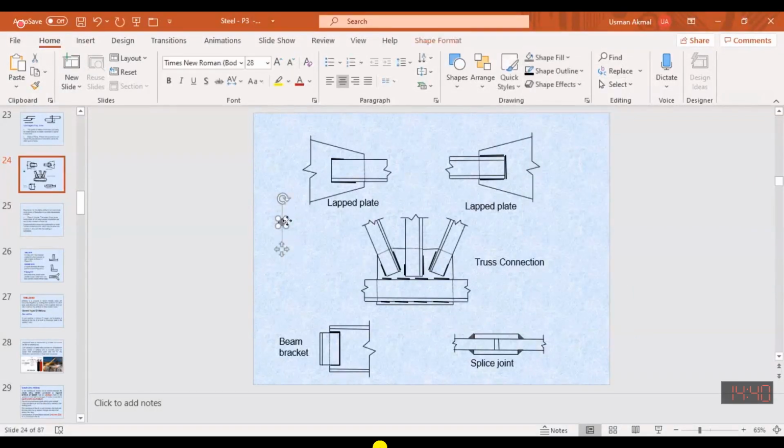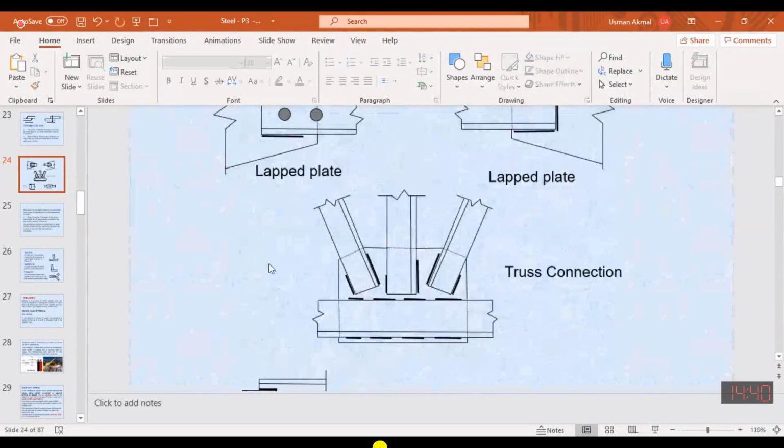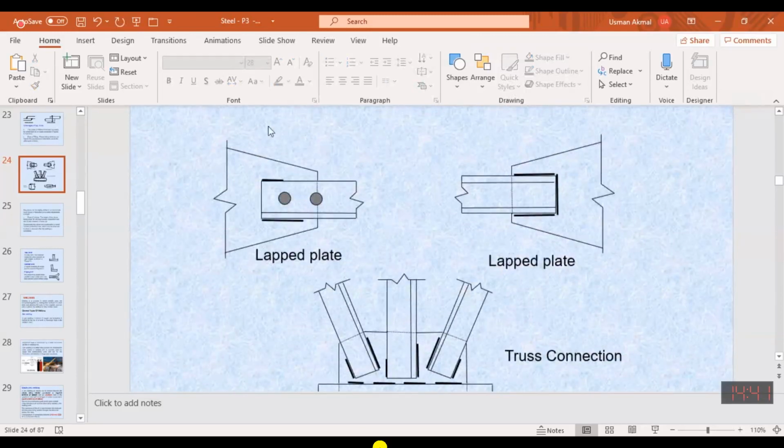This may be a bolt, and we need at least 2 bolts to connect. For your example, I am explaining. So we need 2 fasteners to connect this.